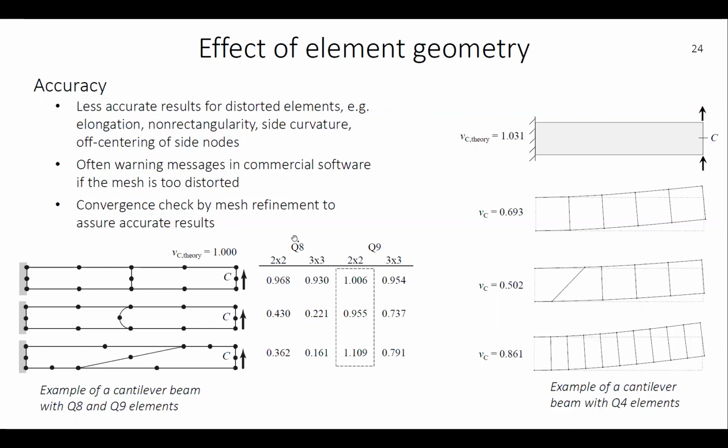I just took these numbers directly from the book, so I didn't actually work these numbers myself. They compared different element formulations and different Gauss quadratures. So we have the 2x2 and 3x3 quadrature, 3x3 being the full integration and 2x2 being the reduced integration.